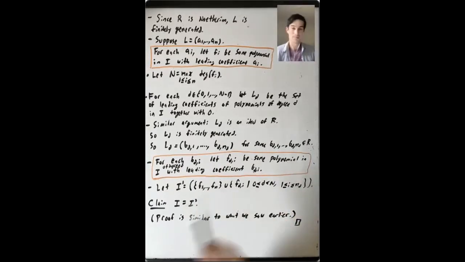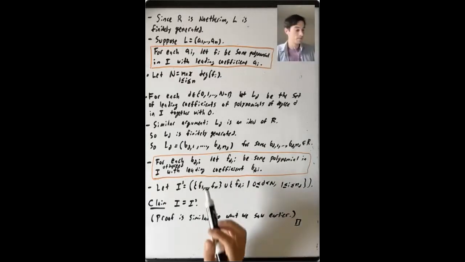It's going to be a collection of a bunch of polynomials in I of degree d, each with leading coefficient Bdi. All right, so how are we going to see that I is finitely generated? We're going to write down a finite generating set for it. Just like in the first proof, once we had this finite generating set A1 up through Am of the ideal J, we just chose polynomials with those leading coefficients, F1 up through Fm, and argued that I was equal to the ideal generated by F1 up through Fm. We're doing something really similar here.